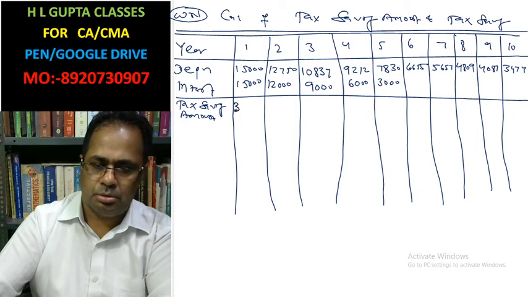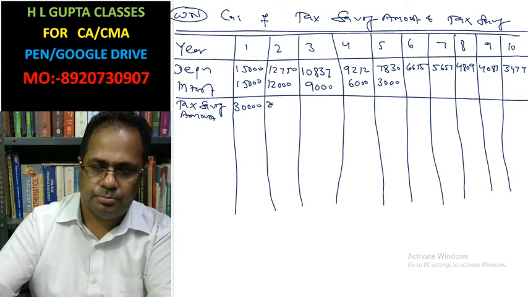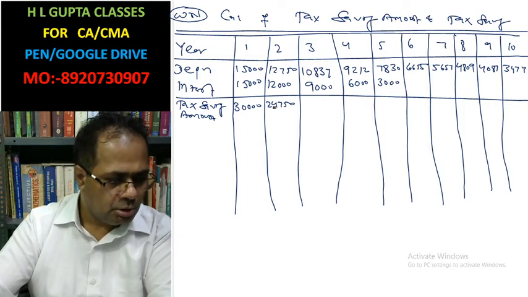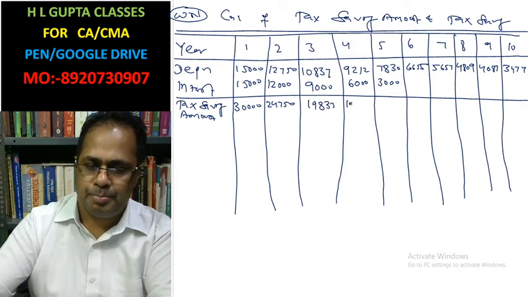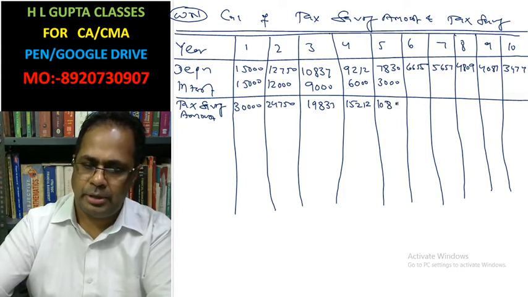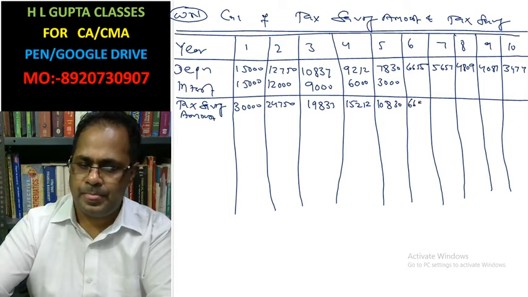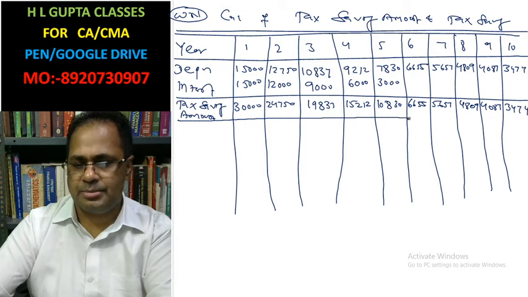Tax saving amount: 30,000, 24,750, 19,837, 15,212, 10,830, 6,655, 5,657, 4,809, 4,087, 3,474. Okay, this is a tax saving amount.